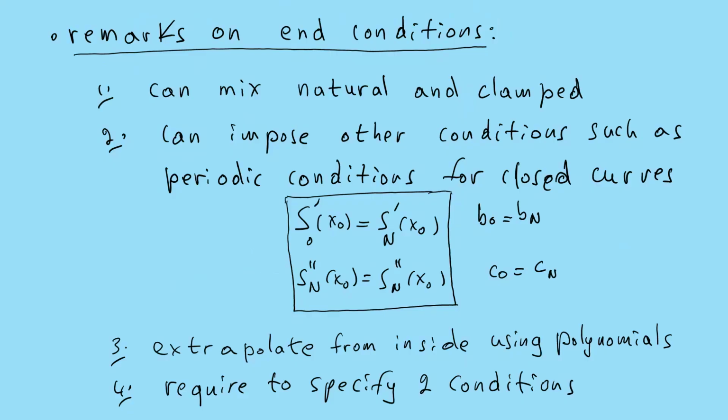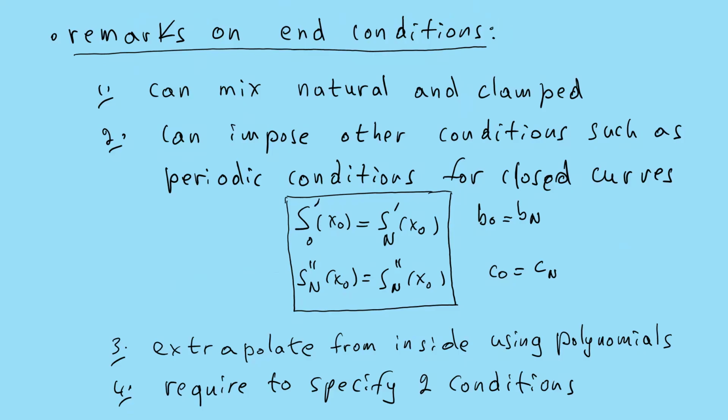Let's summarize some key points about the end conditions. First, we are not limited to only natural or clamp conditions. We can also mix them depending on the problem. Second, we can impose other types of boundary conditions, such as periodic conditions, which are useful for closed curves.